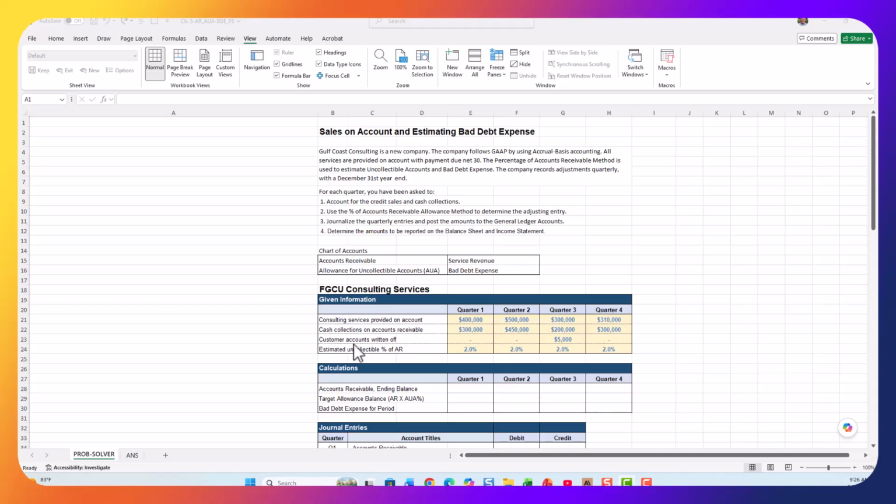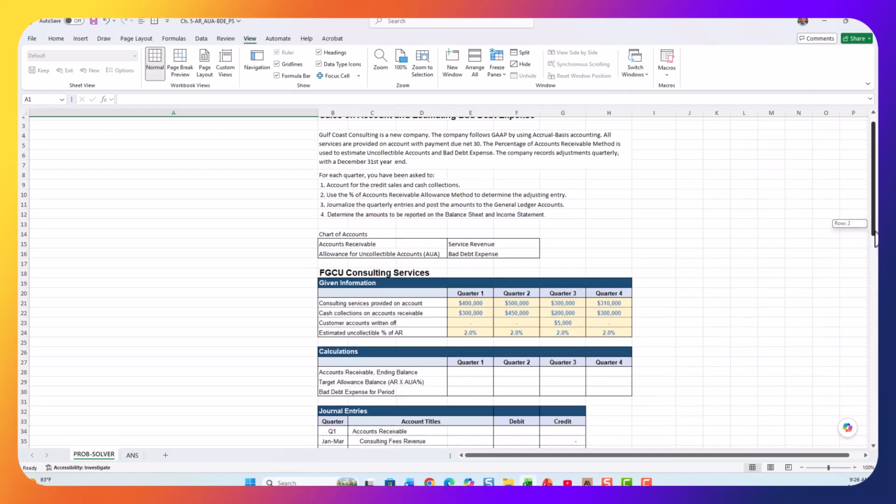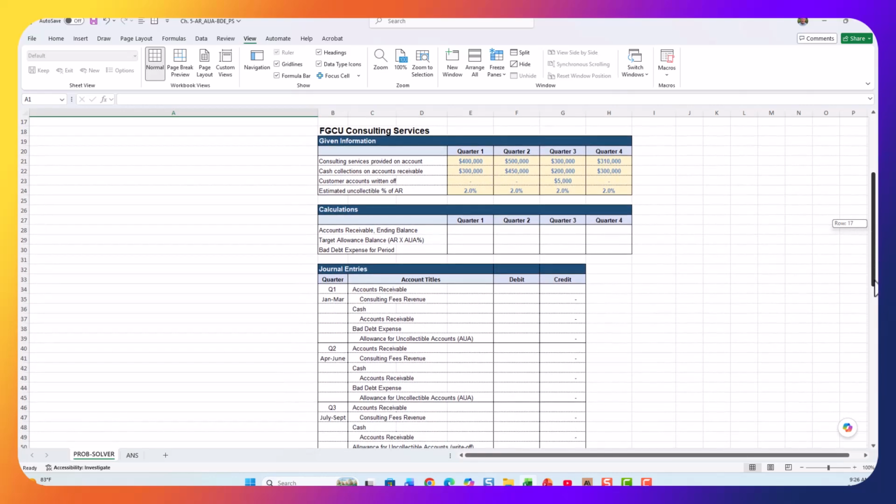So let's take a look at our operating results quarter by quarter. Our first step will always be to complete our calculations. During the first quarter, our consulting services provided on account were $400,000. Our cash collections on those accounts receivable were $300,000. There were no customer accounts written off.